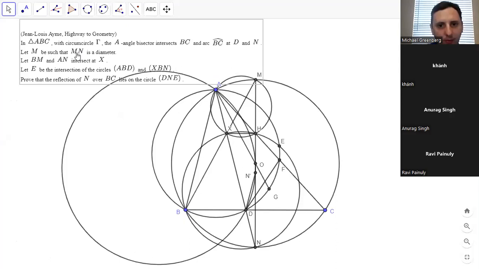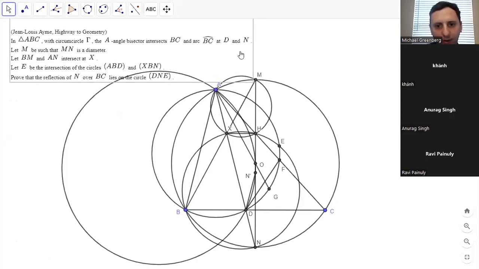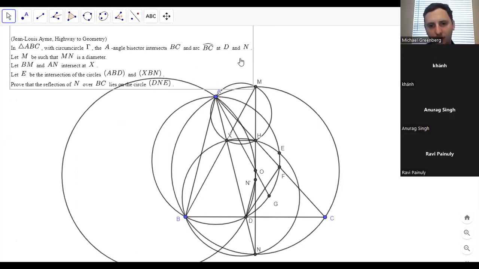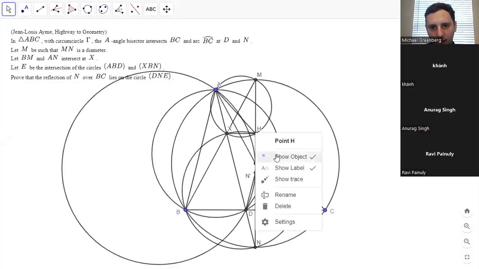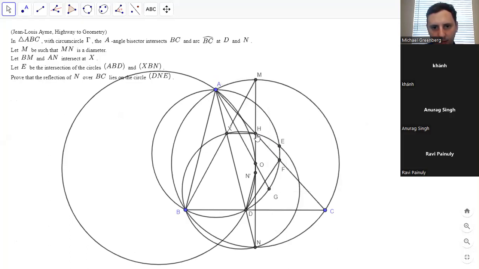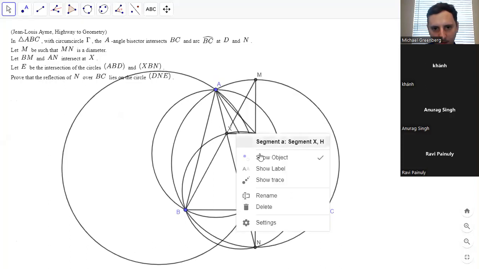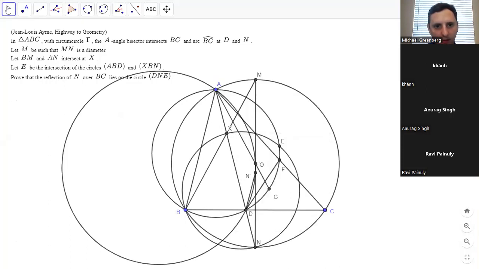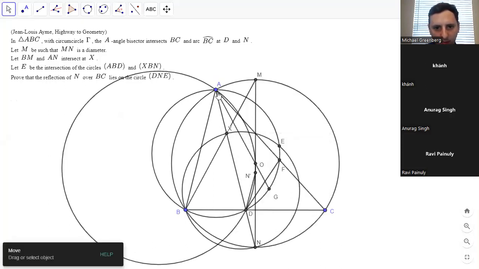And I don't even know if we needed point H really. So maybe I could delete point H. Let's see, I'm going to hide it. I don't know if we needed this circle either, so I'm just going to hide this stuff for now. And let me make room for the solution.